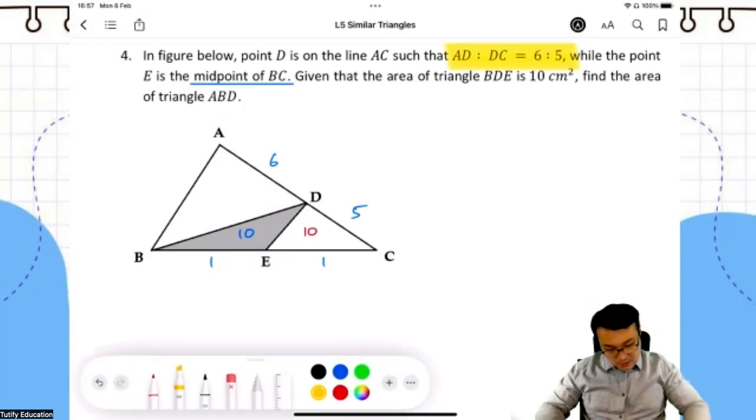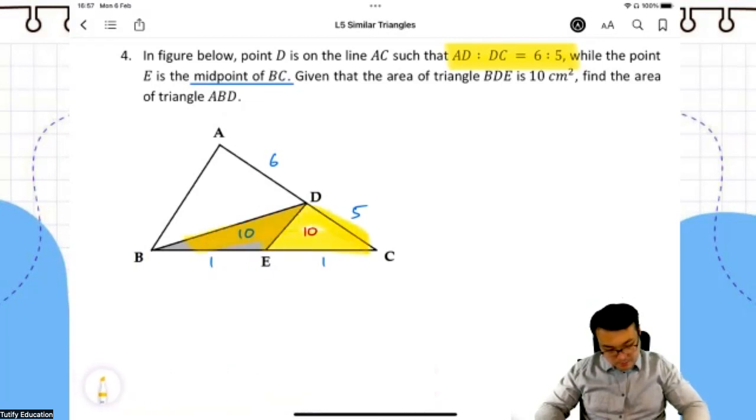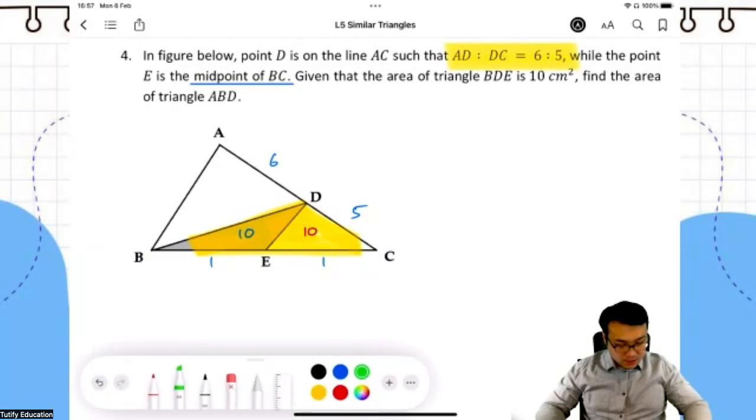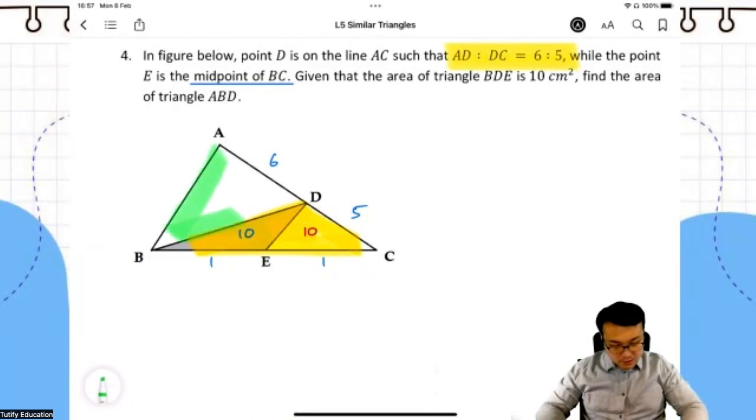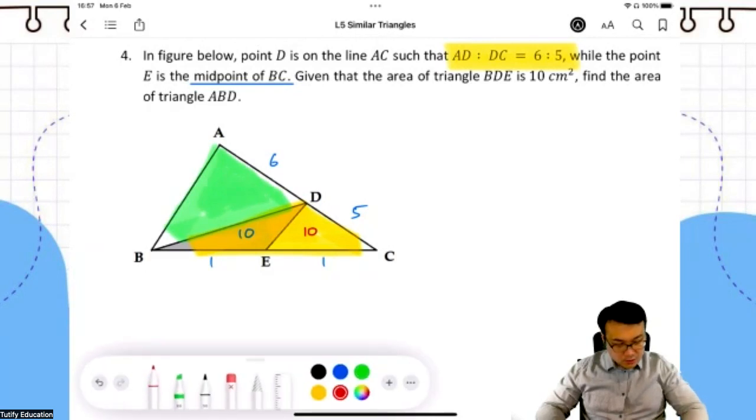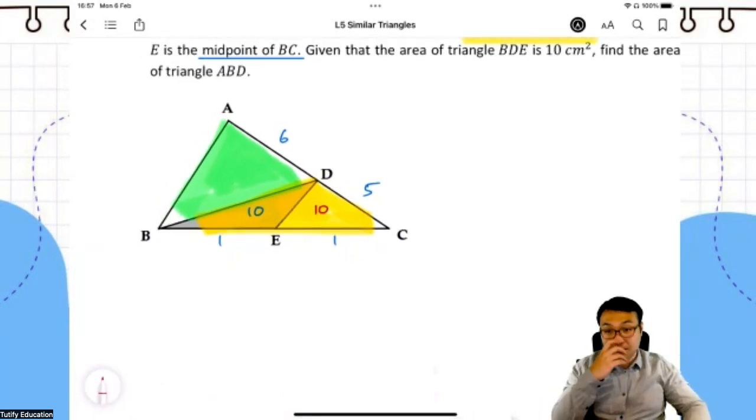Now, let's look at this yellow triangle. Okay, look at this yellow triangle. I would like you to compare it to the green triangle. Look at the ratio. Now, where do you want the base of the yellow triangle to be?